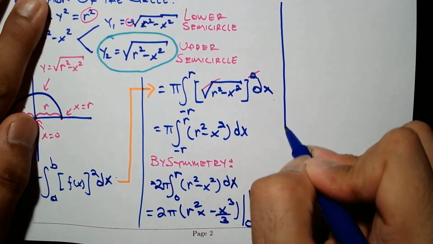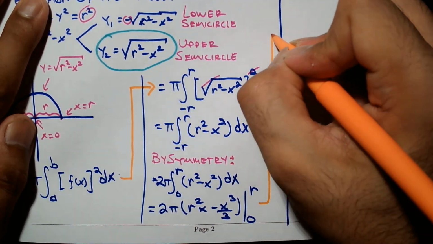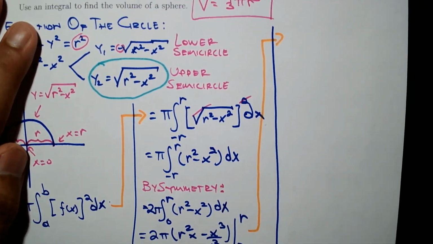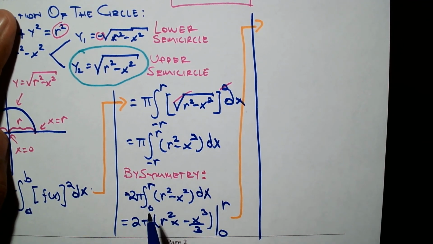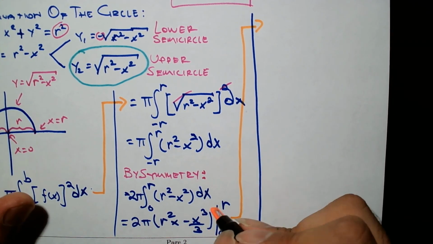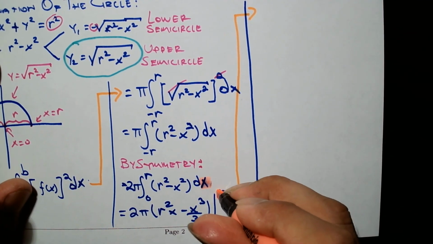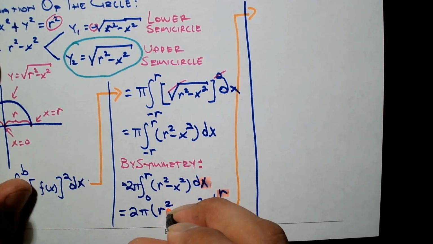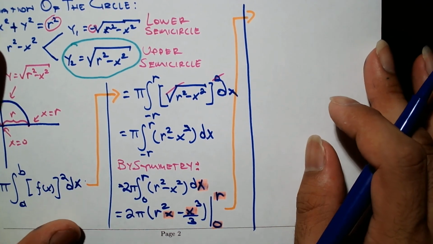I'm going to continue over here. I will indicate it with the arrow here. So I'm going to apply the fundamental theorem of calculus. Notice we integrated with respect to x. So these numbers, the upper limit and the lower limit, are going to be plugged into the variable x, not r. r again should be treated as another constant.